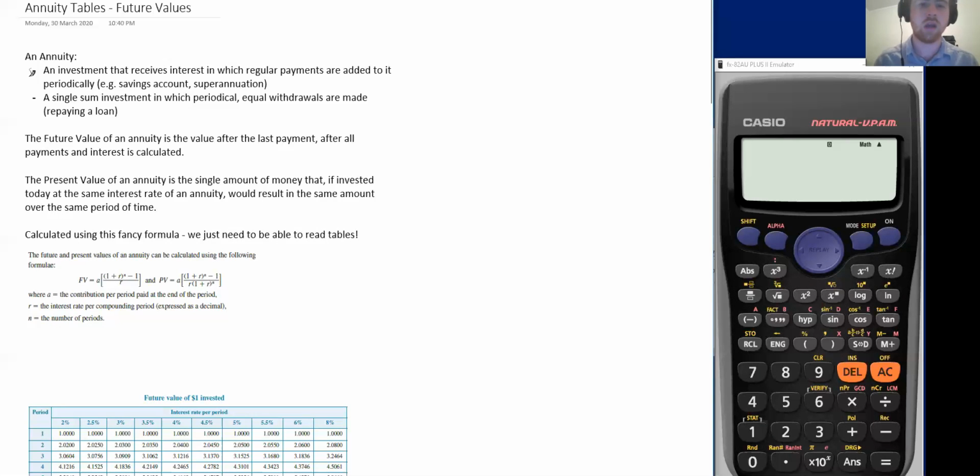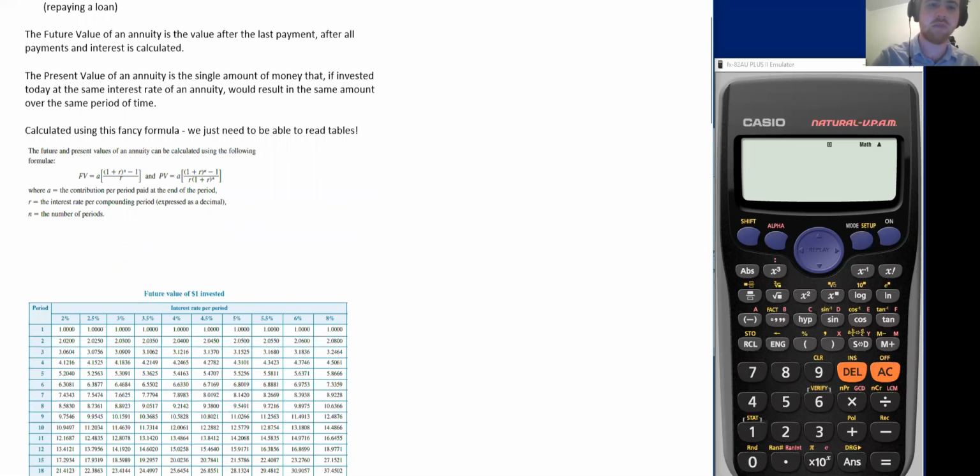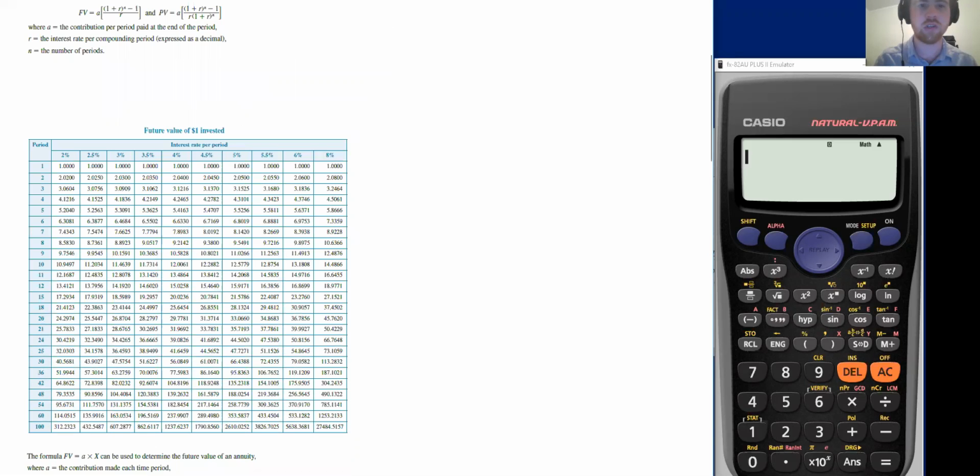Okay. Now we're going to look at our first question in a moment. So here is an example of an annuity future value table. You can see here we've got interest rate per period in the columns, and then the number of periods in the rows. And we need to be able to find the right value that's in the right cell there based on the question.